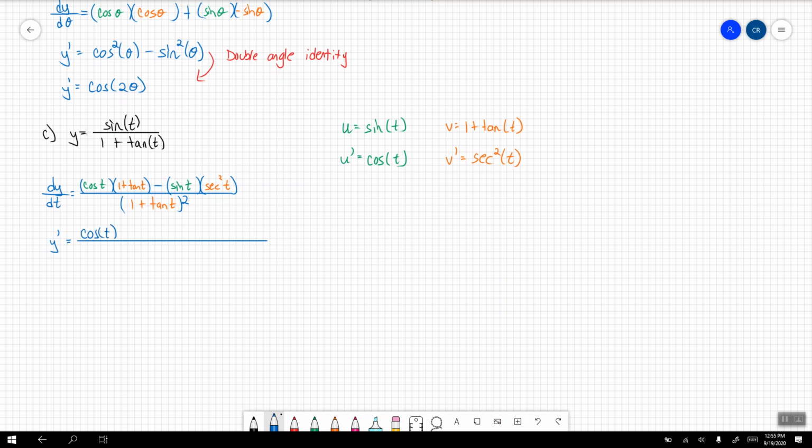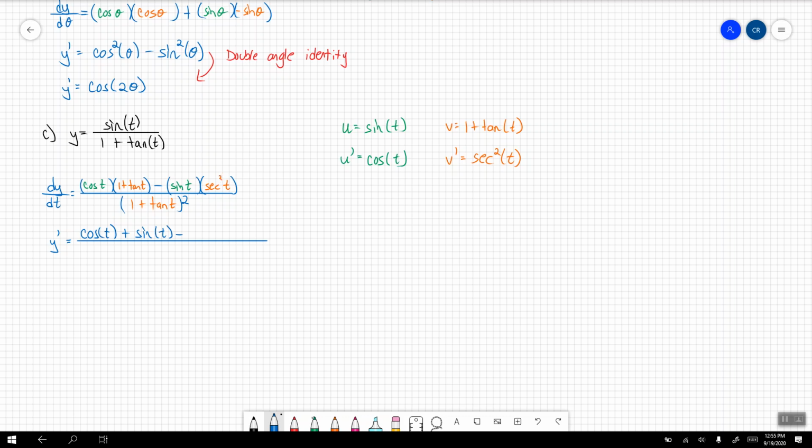I get cosine of t plus tangent times cosine. Remember, tangent is sine over cosine, so when sine over cosine multiplies cosine, we're just left with sine of t, minus, and now we're going to be left with sine of t multiplied by secant squared.